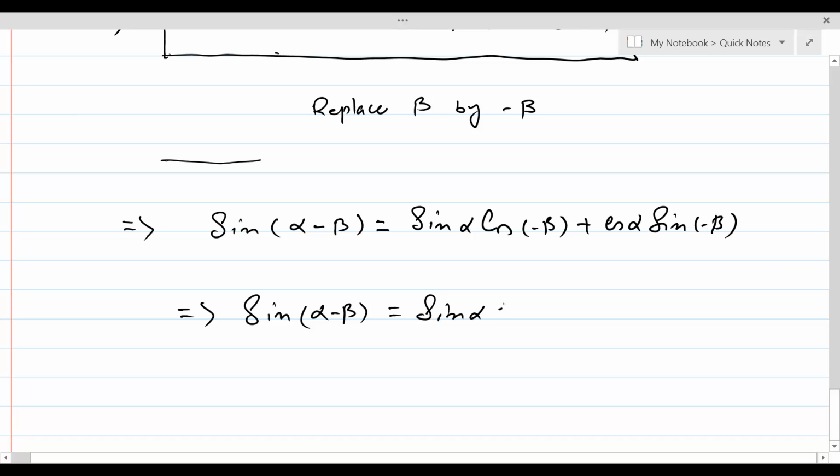Again, because cos is an even function, cos of minus beta is equal to cos of beta. And sine of minus beta, being an odd function, throws out the minus in front of the term, so this will be equal to minus cos alpha sine beta.